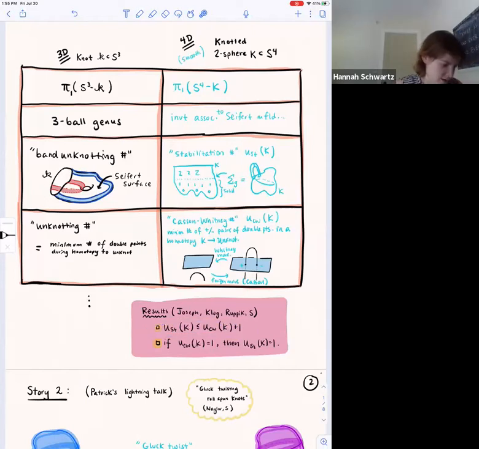We kept having to get this +1, and one of the reasons is that to go from a regular homotopy to stabilizing the knot, there's a good way to go from one to the other, but there's an issue in knowing what the isotopy class of that stabilization is, and how they're related.